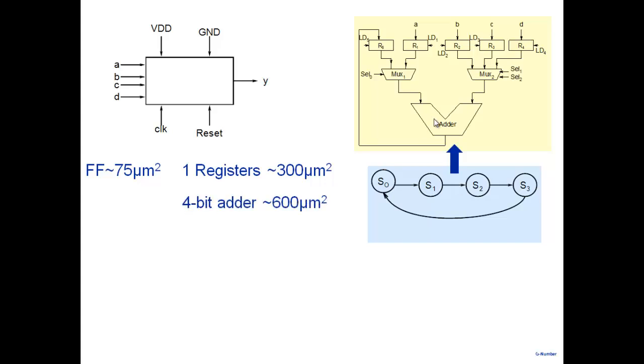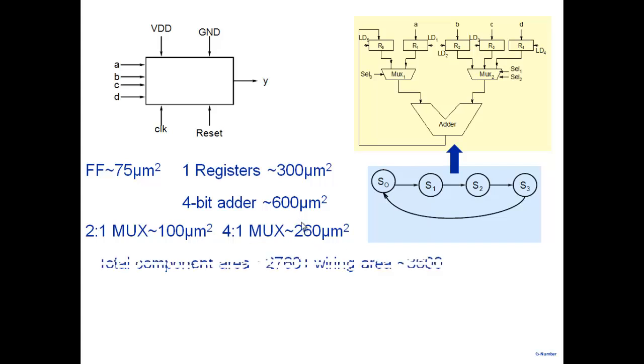A 4-bit adder may be about 600 micron square. A 2:1 mux, with 2 inputs, maybe 100 micron square. And for 3 inputs, I may use a 4:1 mux, more costly, 260 micron square.